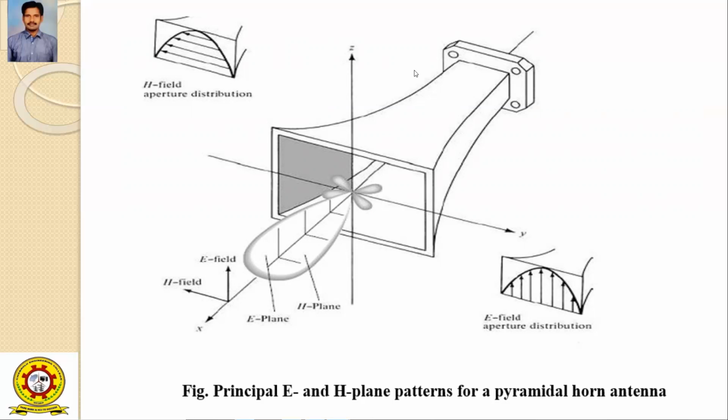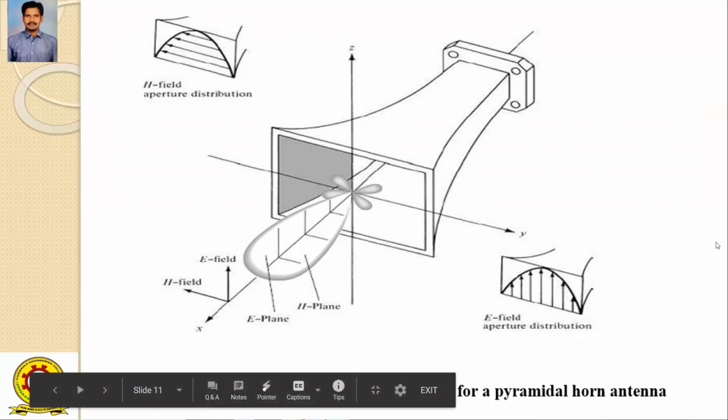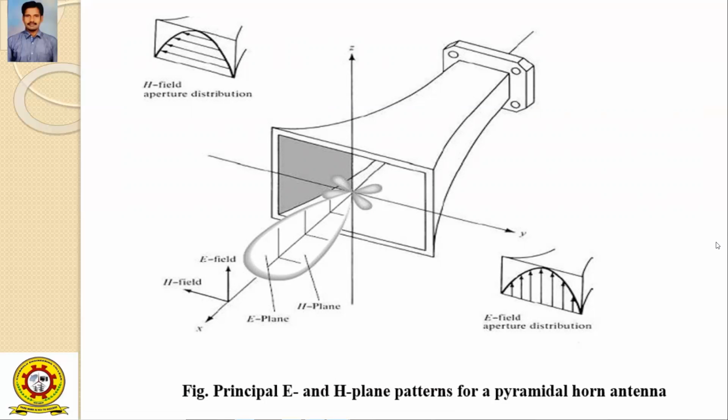In this picture, you are familiar with E comma H, that is the electrical and magnetic planes. So the electrical plane has the electrical vector, the magnetic plane, the H plane, has the magnetic vector.